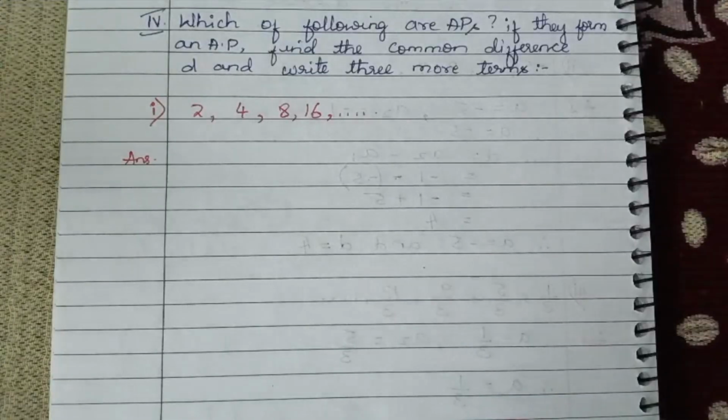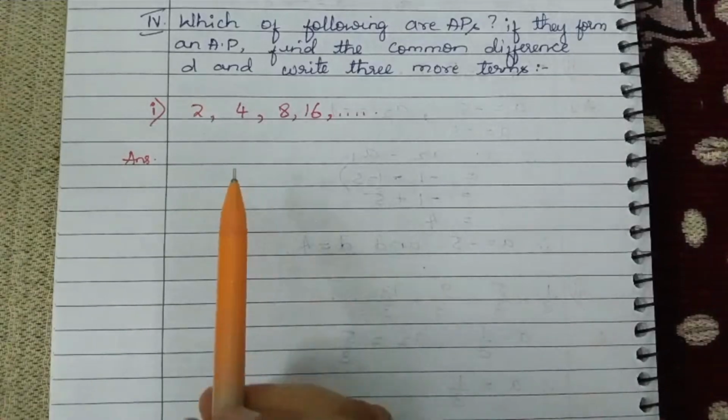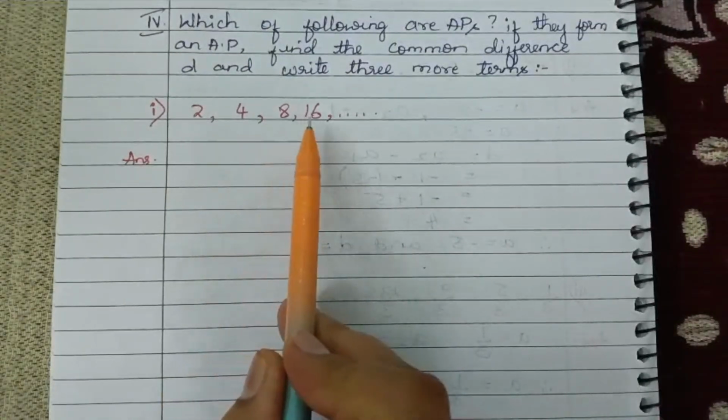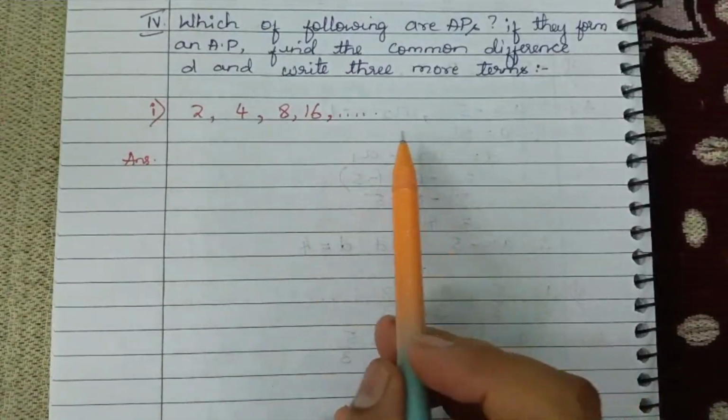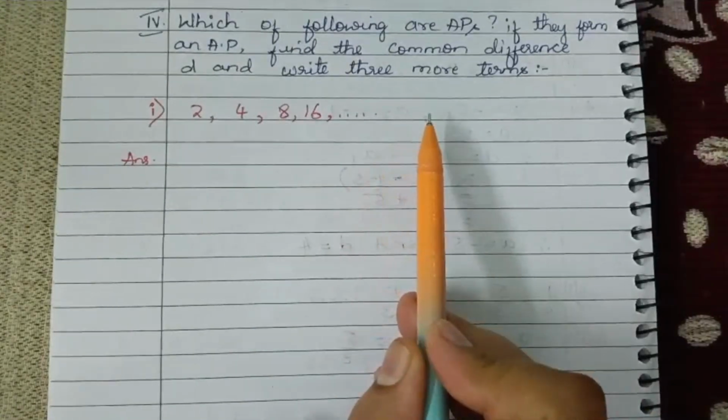In the previous main, they mentioned that you have to find the first term and common difference, that is the a and d value. In this, you have to find the a value, that is the first term, the common difference d, and three more terms. Here we have a1, a2, a3, a4. Three more terms means a5, a6 and a7.